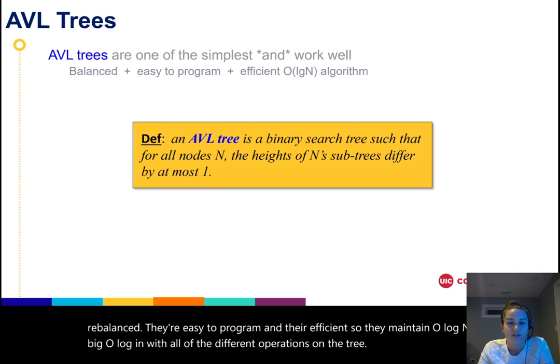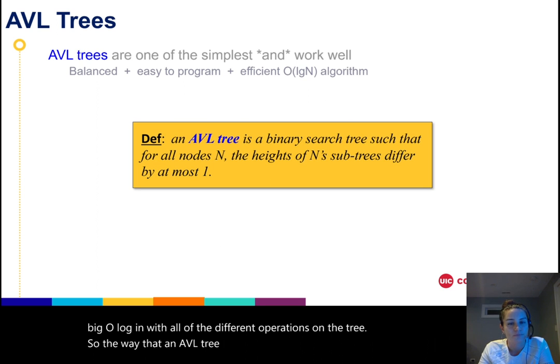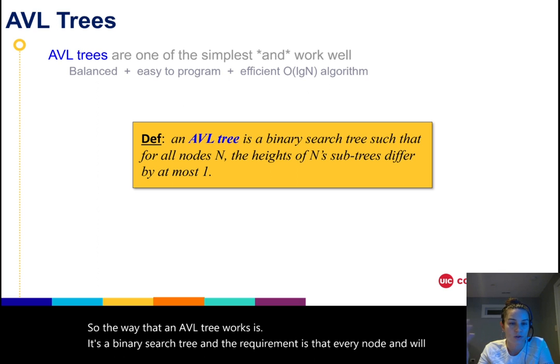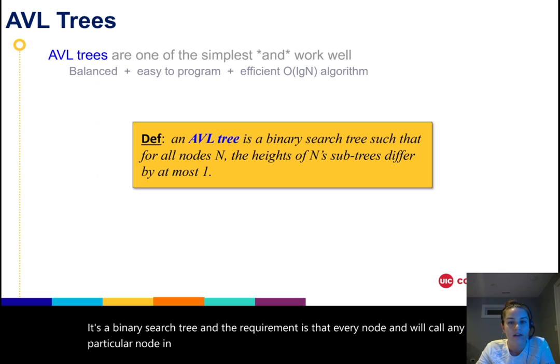The way an AVL tree works is it's a binary search tree, and the requirement is that for every node, and we'll call any particular node in the tree n, the heights of n's subtrees differ by at most 1.